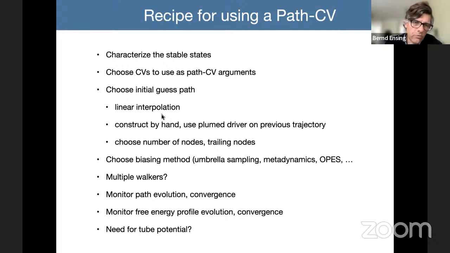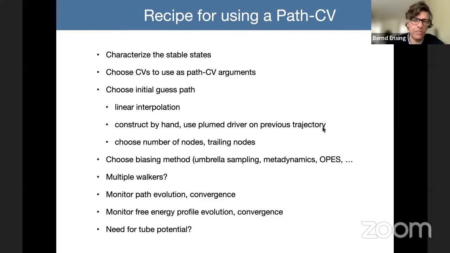But maybe you want to do something smarter, and you can either construct it by hand, or, for example, maybe you already have a trajectory. Maybe you did a high temperature run or a steered MD, or somehow you are lucky and you have a trajectory that goes from A to B. You can actually use the PLUMED driver, and I will go into that a little bit, maybe on one of the next slides, where you optimize a path CV using a previous trajectory, right?